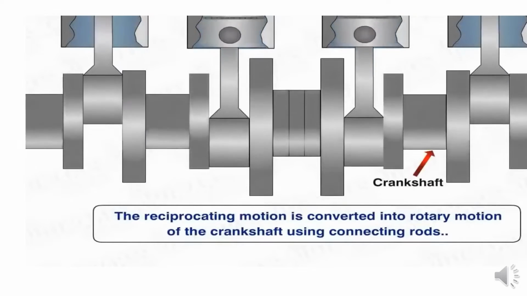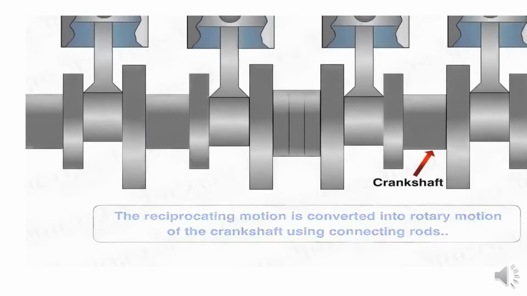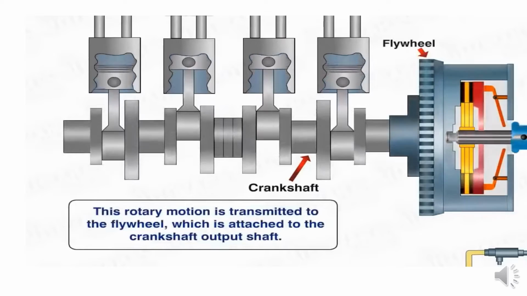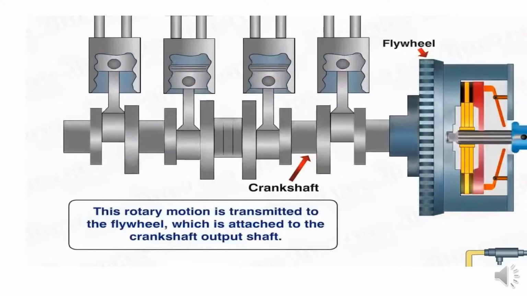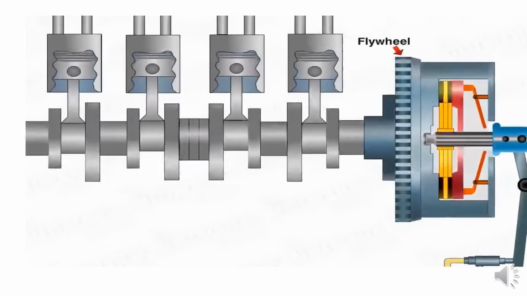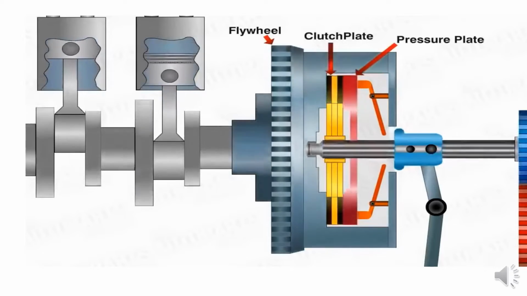Then it passes to the rear axle and also the rear wheel, right? This is the whole transmission process. I will give one more animation video. See the animation video of the complete transmission process.